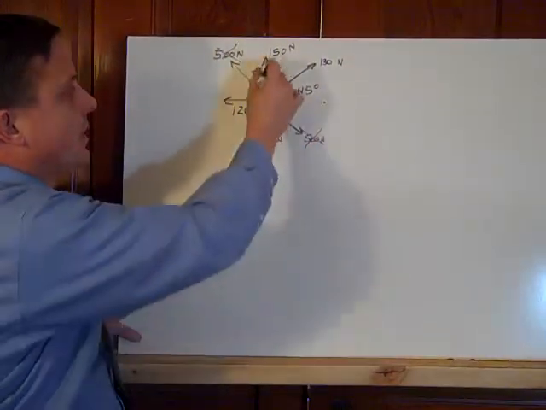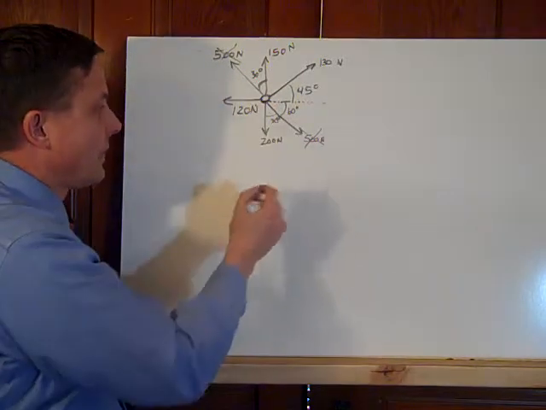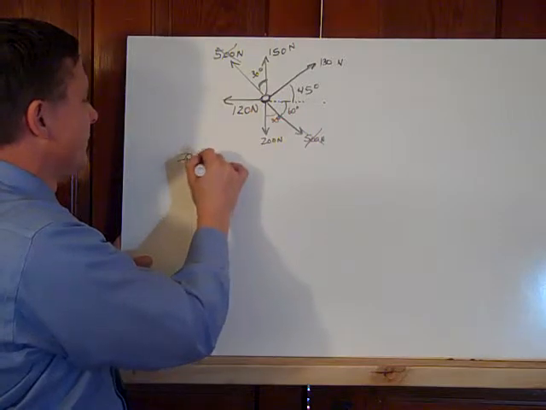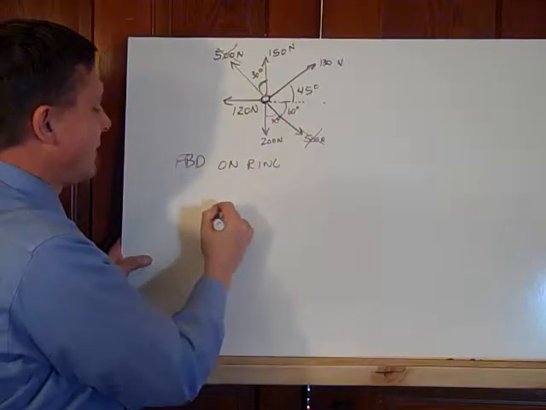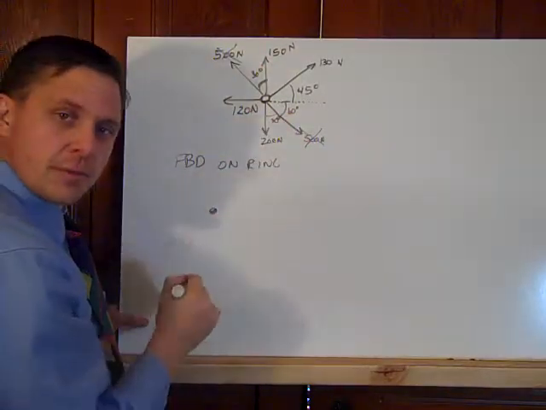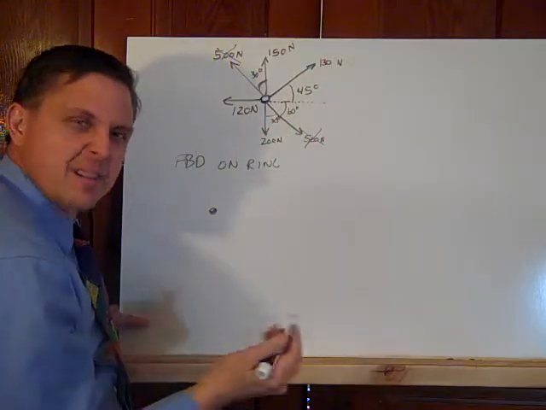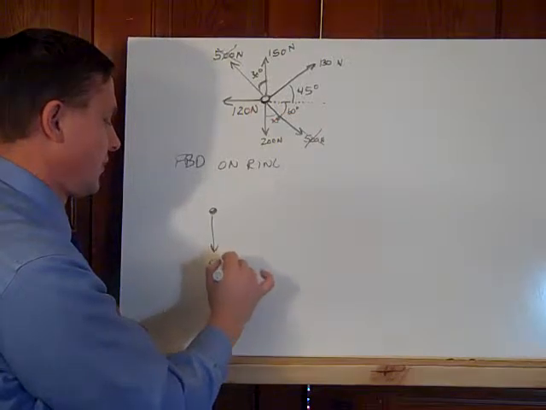The other thing I want you to notice is we have a 150 and a 200. Again, we don't have to draw all the forces. I can do a free body diagram on the ring, and the first thing I can do is drop those two 500s. The other thing I know is 150 minus 200 leaves 50 newtons, so I'm only going to draw the 50 newton force.